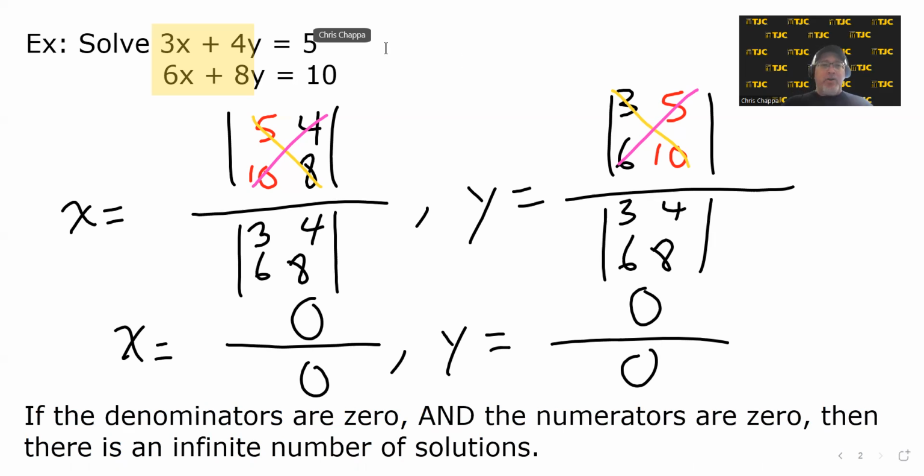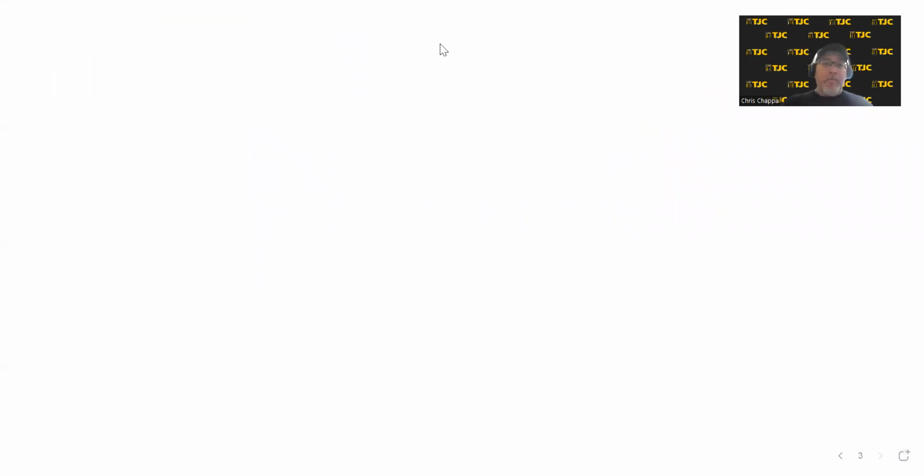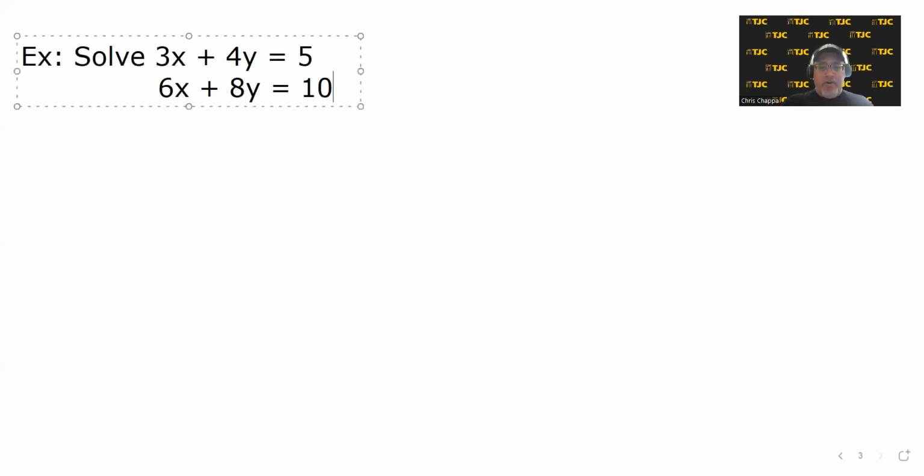And just a reminder that when there's an infinite number of solutions, there is a way to describe them. Sometimes you're asked to describe what those infinite number of solutions are. Sometimes you're not.